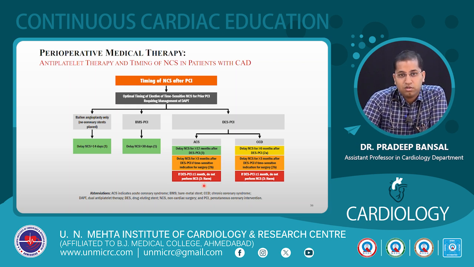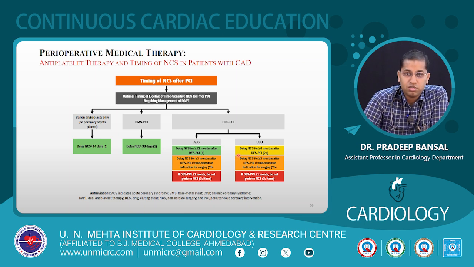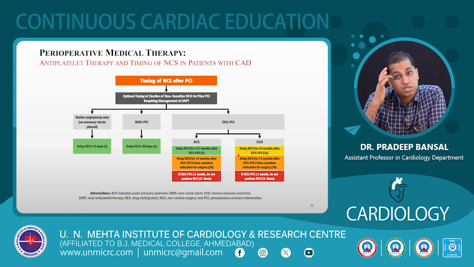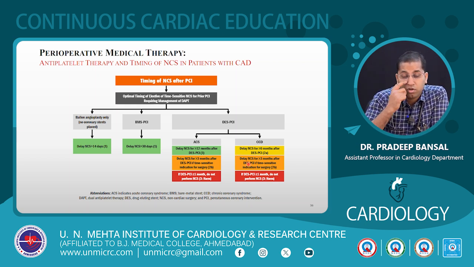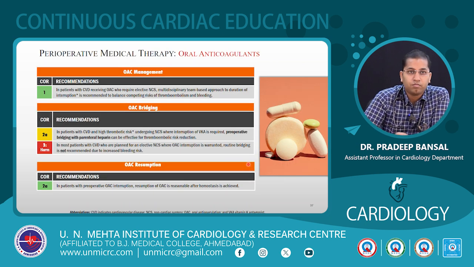So, within 1 month, no elective non-cardiac surgery should be performed after DES PCI. For chronic coronary disease, delay NCS for a minimum of 6 months after the DES PCI, and if there is time-sensitive surgery, minimum delay of 3 months, and no non-cardiac surgery should be performed before 1 month.